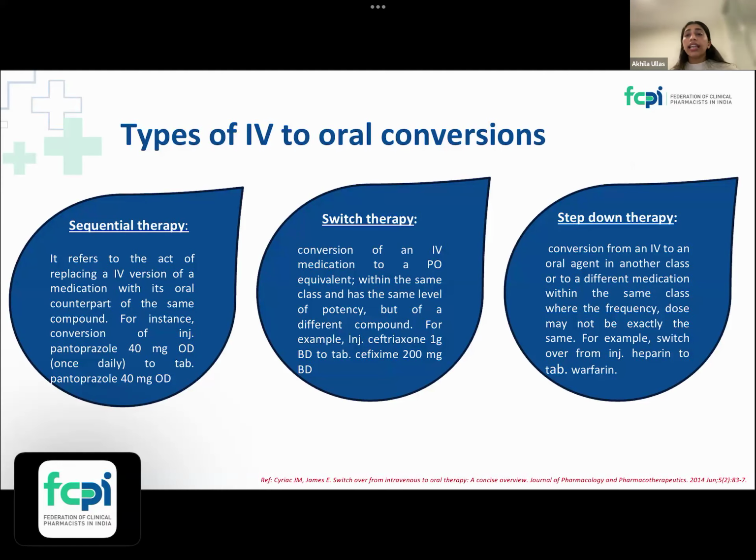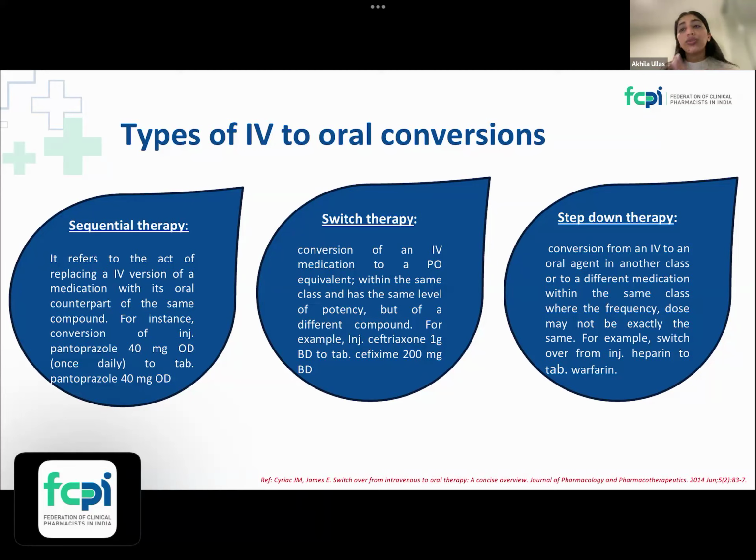And the next thing is the types of IV to oral conversion. See, there are three types. One is sequential therapy. I'll give you a simple example: you are converting injection pantoprazole 40 mg OD to tab pantoprazole. This is sequential therapy.